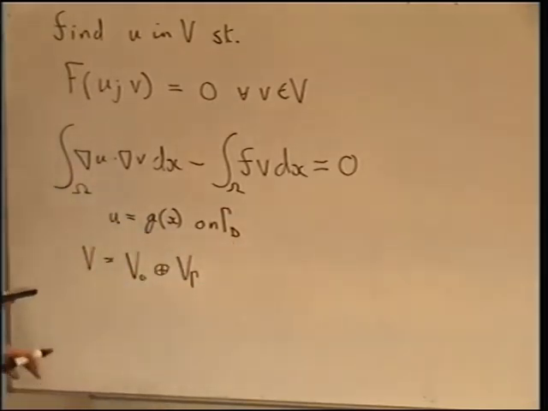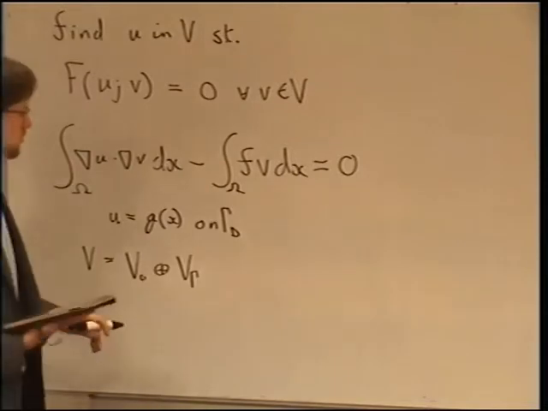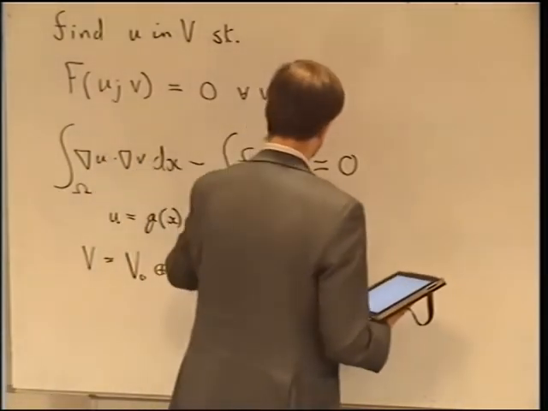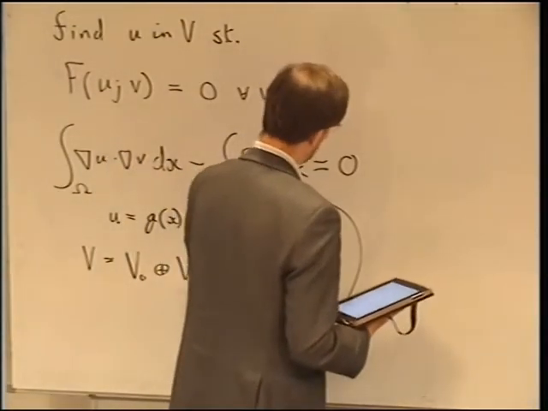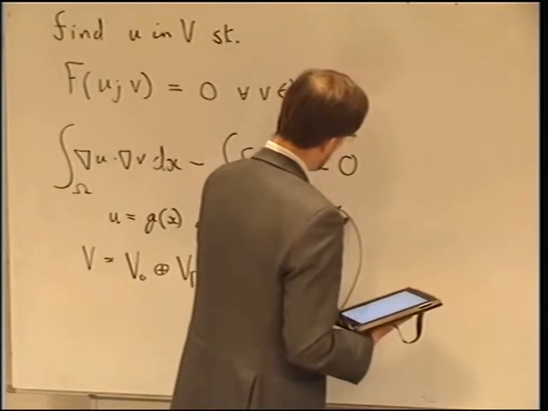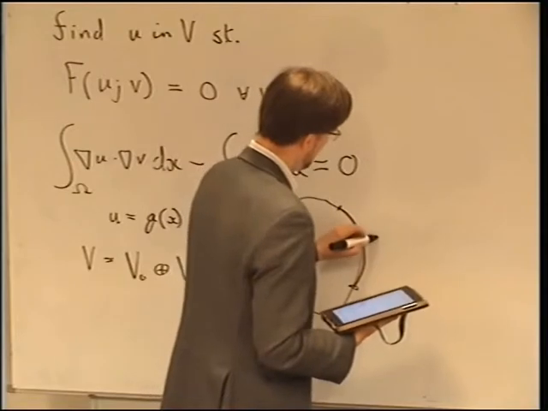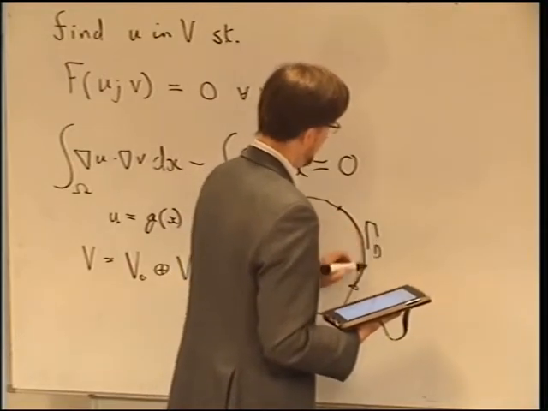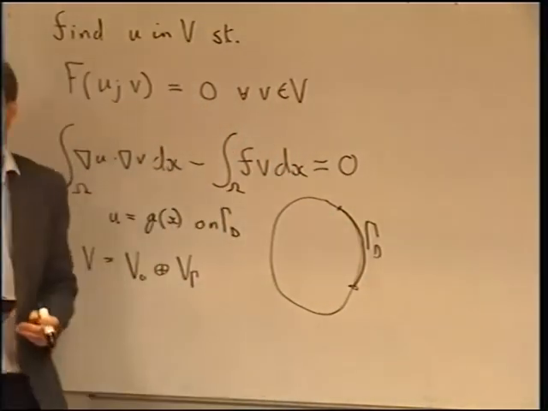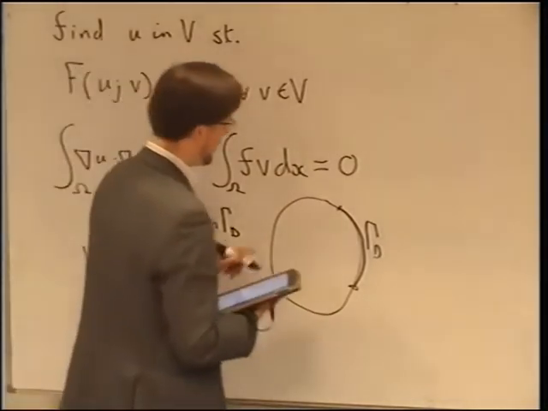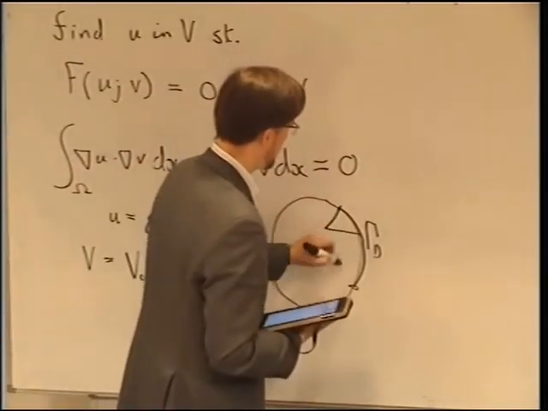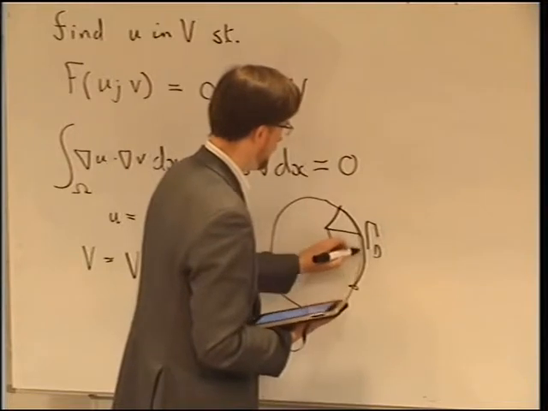Right, so let's make this a little bit more concrete, and we'll draw a little two-dimensional domain, and we'll imagine that this part here is gamma D. That's where we want to impose our Dirichlet condition, and we've got some triangulation of this space.